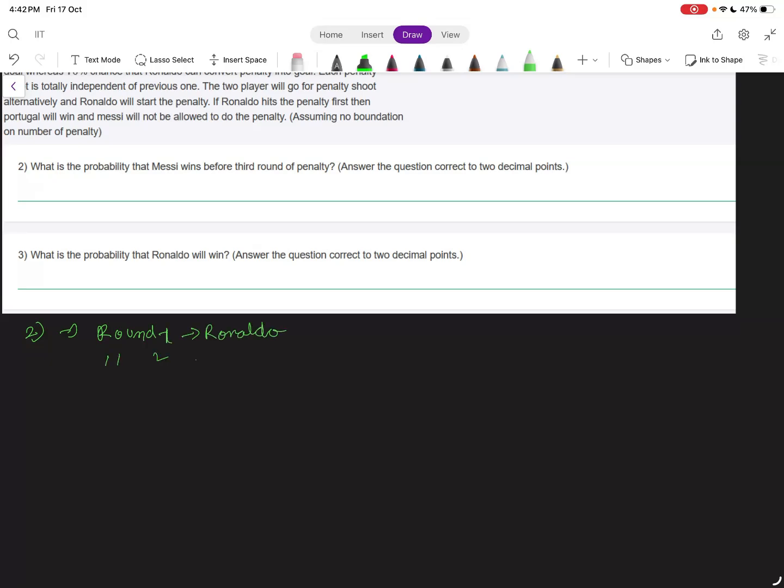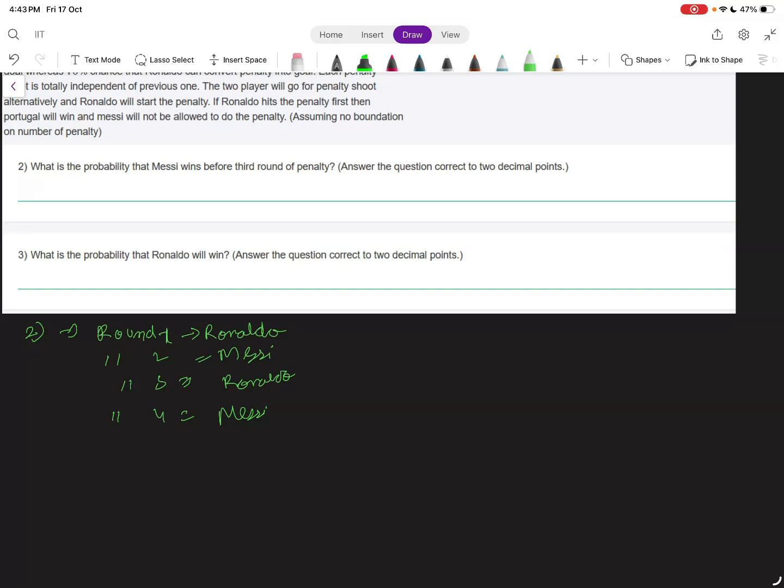Round 2 we have Messi shooting. Round 3 we have Ronaldo again. And round 4 we have Messi. So what is the question here? Messi scores a goal on his first or second turn, and Ronaldo does not. So what is the probability he wins before the third round? So before the third round, Messi wins. Okay, that's the question.